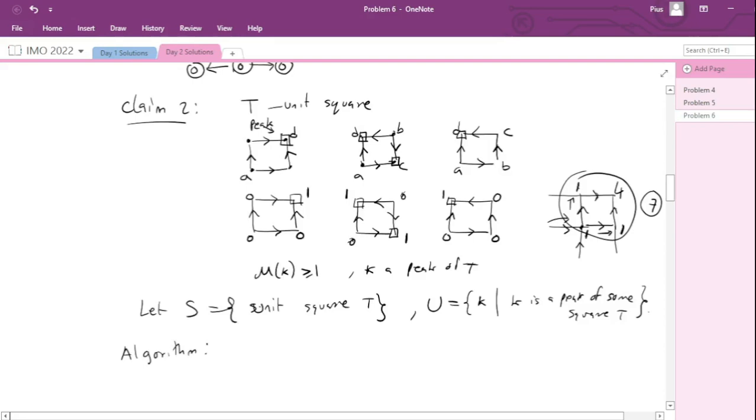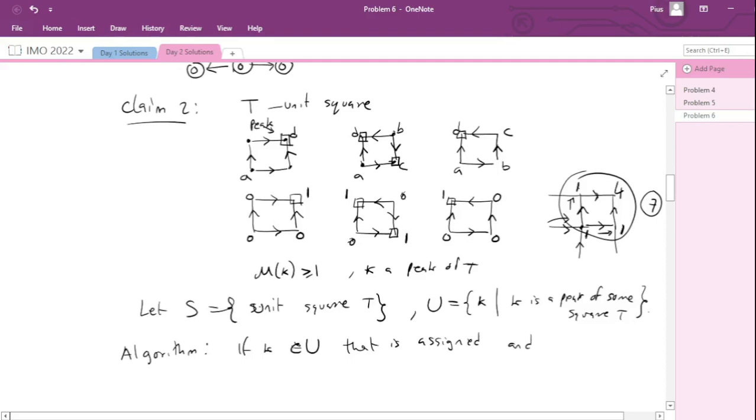So initially, we'll assume that we've not assigned any values. We have not assigned any k and t. So we pick a k. So if k is in U, that's a peak of some t that is not yet assigned. So we are trying to partition it. So for each k, we use that to partition the squares that are not yet assigned.